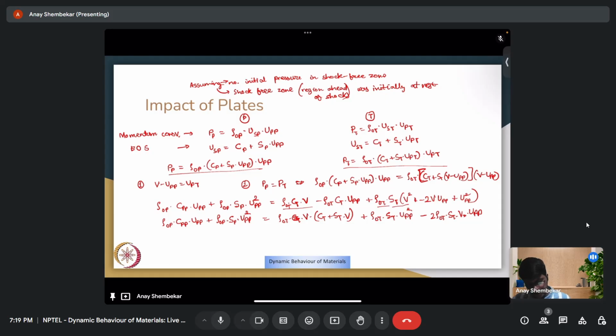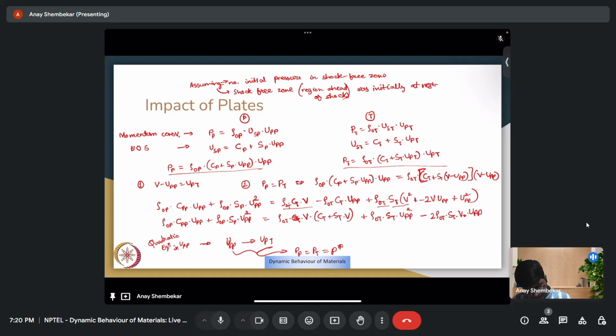This is a quadratic equation in UPP, which we can use to get solutions of UPP, which can then be used to evaluate UPT, and these two can then be used to evaluate PP equal to PT equal to P star. Okay, so this is the algebraic way.